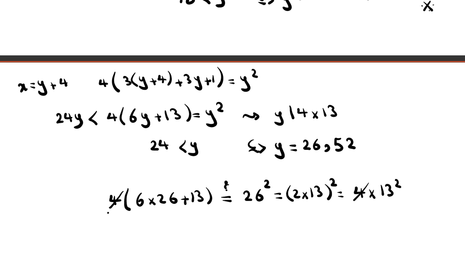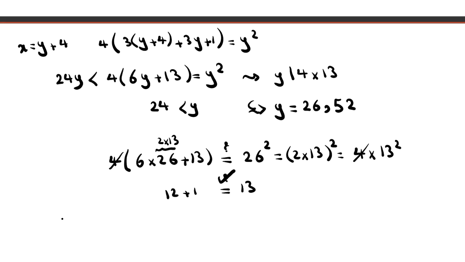If we divide both sides by 4 and then by 13, we have 2 times 13, 6 times 2, 12 plus 1. Is it equal to 13? Yes, we see it is equal. So we found one answer: y equal 26 and x equal 30.